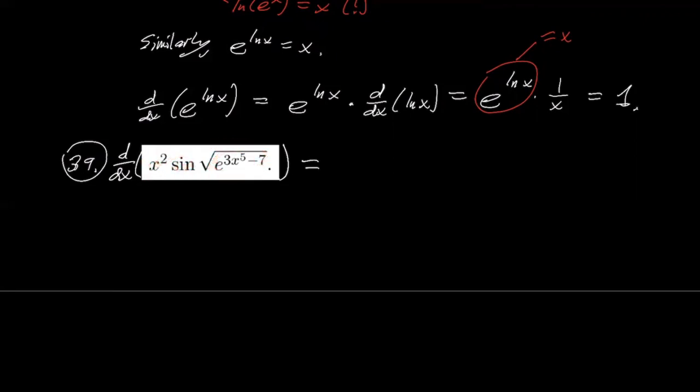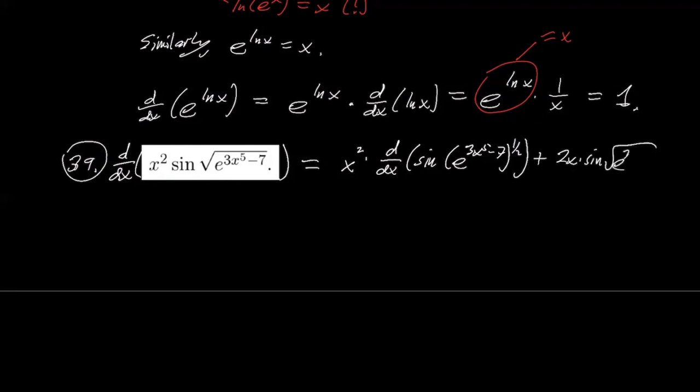So the first thing that's going to happen is a product rule. It's the first times the derivative of the second. I'm going to write that as x squared times the derivative of sine of e to the 3x to the 5th minus 7 all to the 1/2 power, plus the derivative of the first, which is just 2x times the second, sine of square root e to the 3x to the 5th minus 7. Okay, close enough.